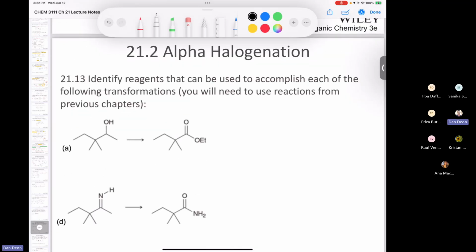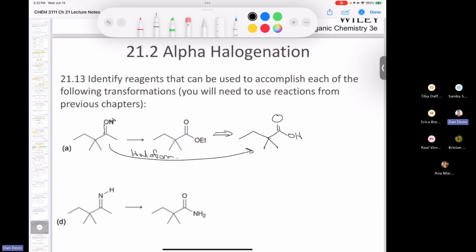The next one, you can clearly see that this one has to come from a carboxylic acid. So we have to have a carboxylic acid like this. And you can make this, right? If you have the carbonyl compound, you can do the haloform reaction.